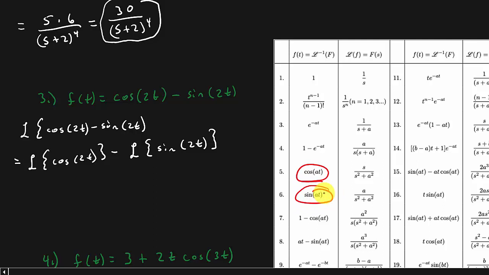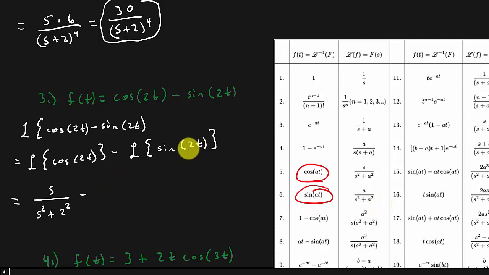All right. So we've got the Laplace transform of cosine 2t. A is 2. So that's going to go here. So that's going to be s over s squared plus 2 squared minus, and then for sine, A is 2.